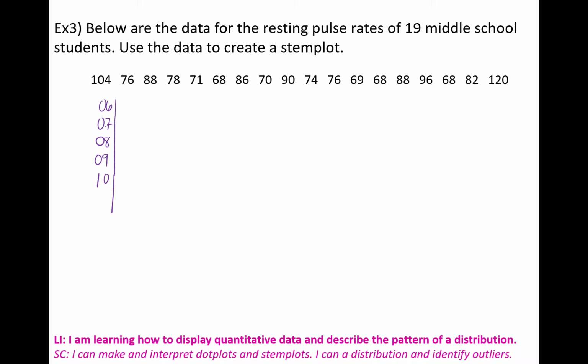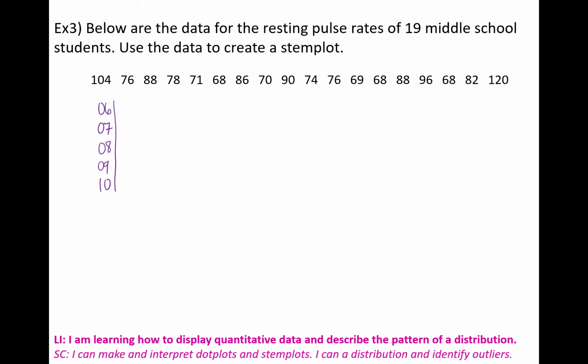Remember, this stem represents the first 2 digits of your number. And so the 0 you can basically just ignore. I'm listing it so that they all look like they have 2, but really it's just like the 60, 70, 80, 90, and then the 1, 0 stands for 100. All right, so those are my stems.